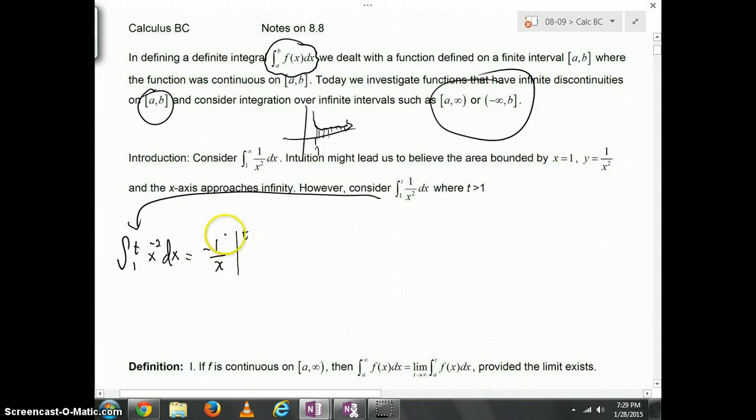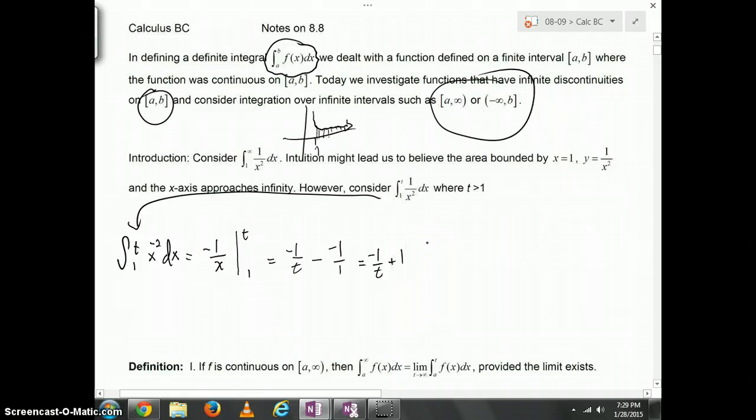We can always double check if we found our antiderivative correctly by just taking the derivative. Continuing on with our fundamental theorem, you could see that we'd have negative 1 over t minus negative 1 over 1. And a negative and a negative make a positive, so we get negative 1 over t plus 1.